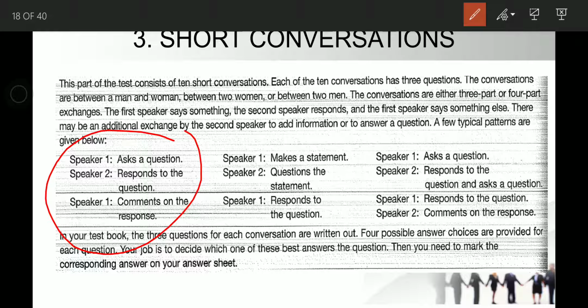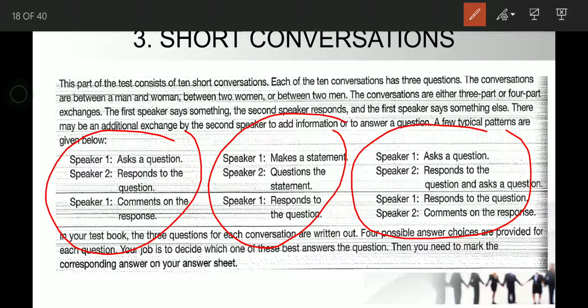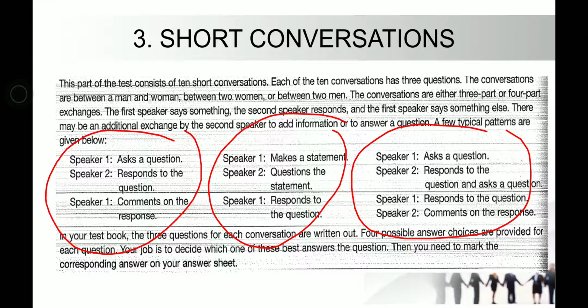There are 2 speakers, most of them. They take turns in speaking. Okay.